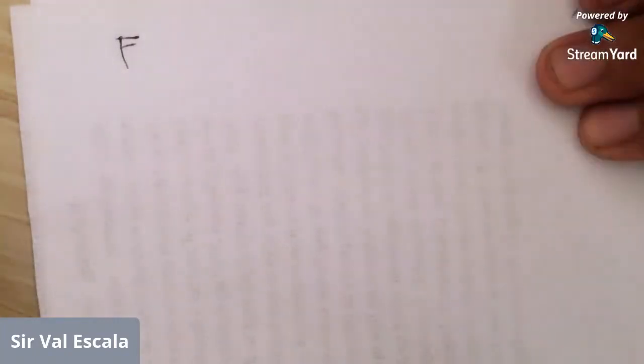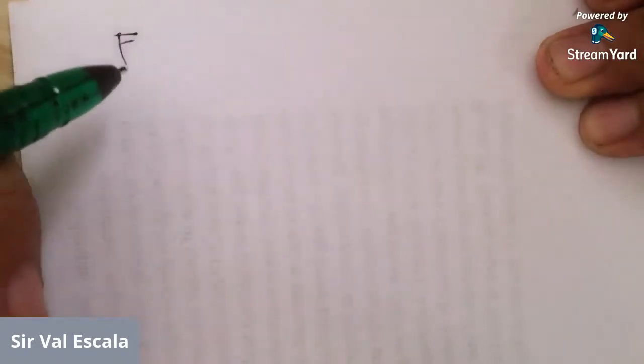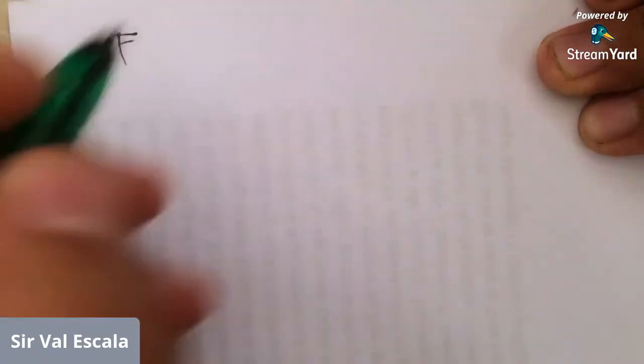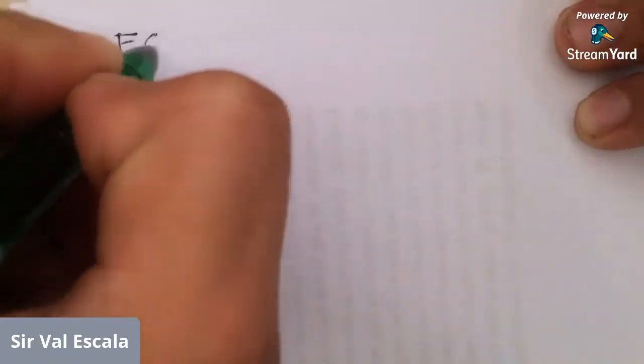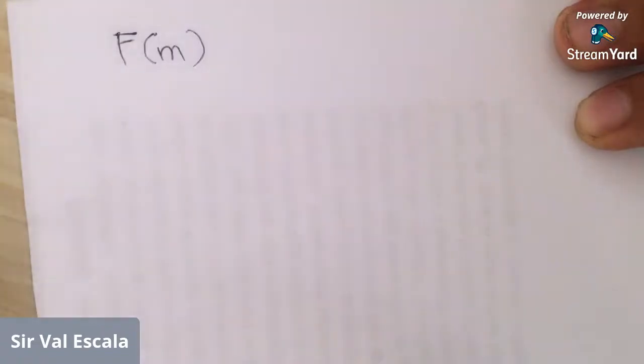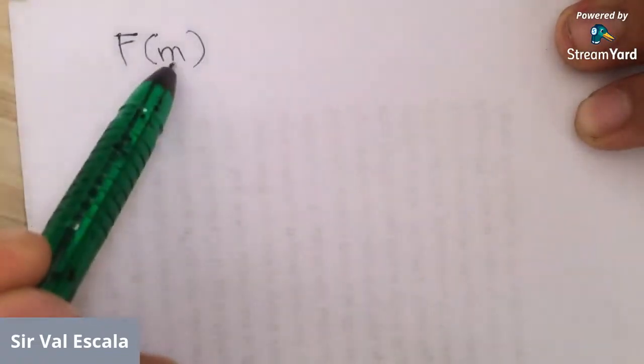Okay, f yung ating given na function. So f natin yung ating gagawin pangalan ng function natin. So based on nakalagay, si pangalan daw ng text messages natin is m. Lagyan natin. So yun yung ating pinaka pattern. Yung m yung ating number of text messages.